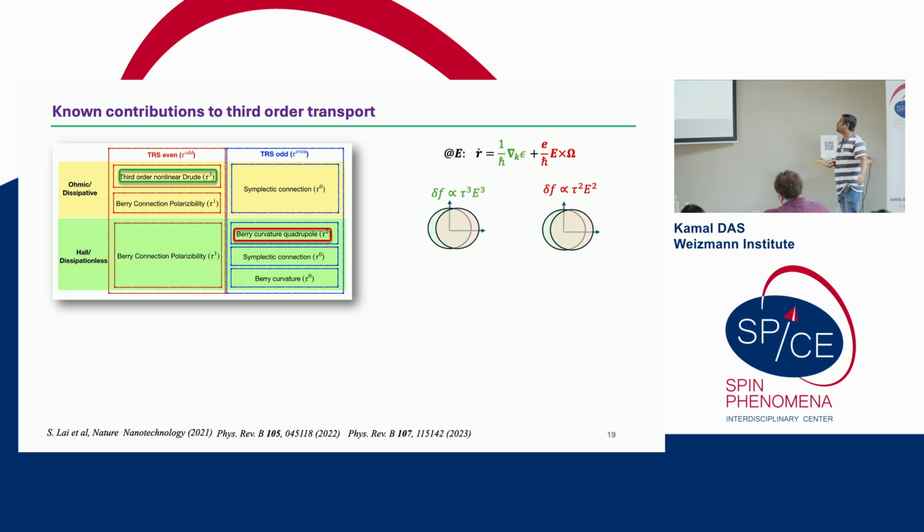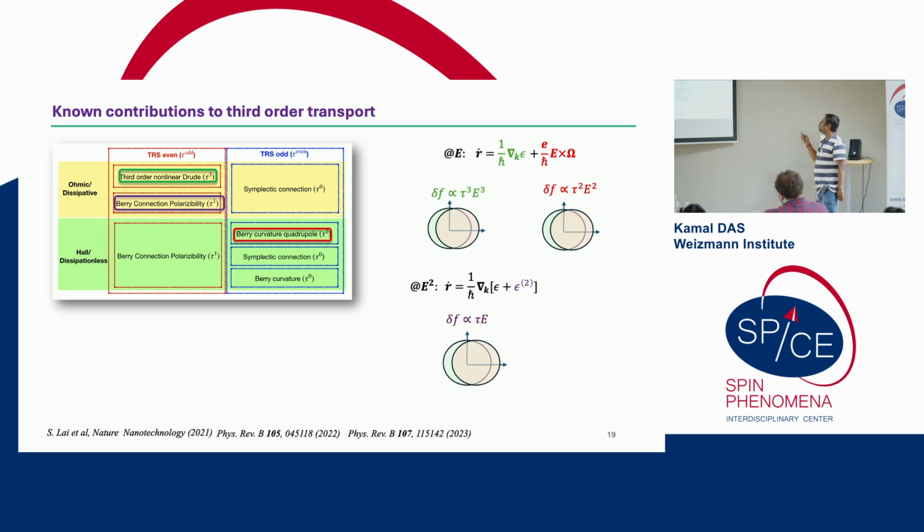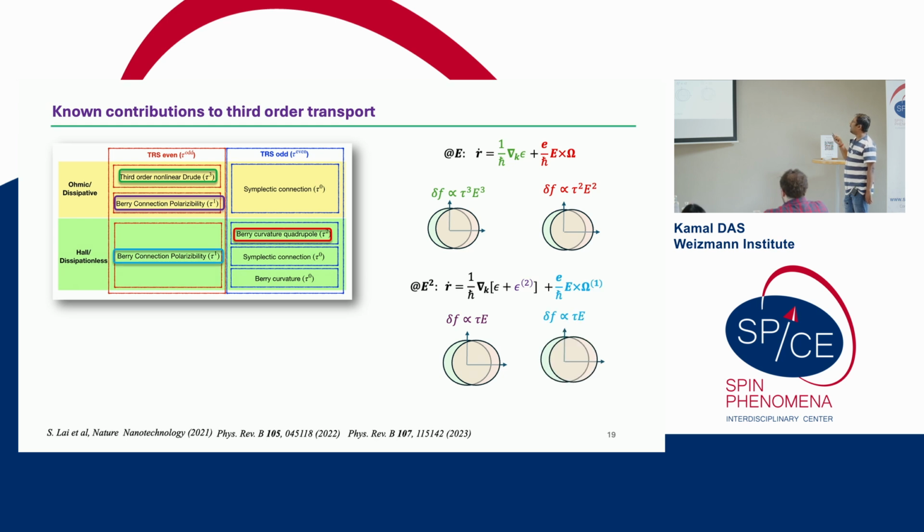Sophia discussed this yesterday. If I combine the second order correction to the energy with the first order shift of the Fermi surface, then I will get a dissipative response. If I combine that with the anomalous velocity, I will get a Hall response. And if you consider the third order correction in the anomalous velocity, you will get an intrinsic Hall effect.